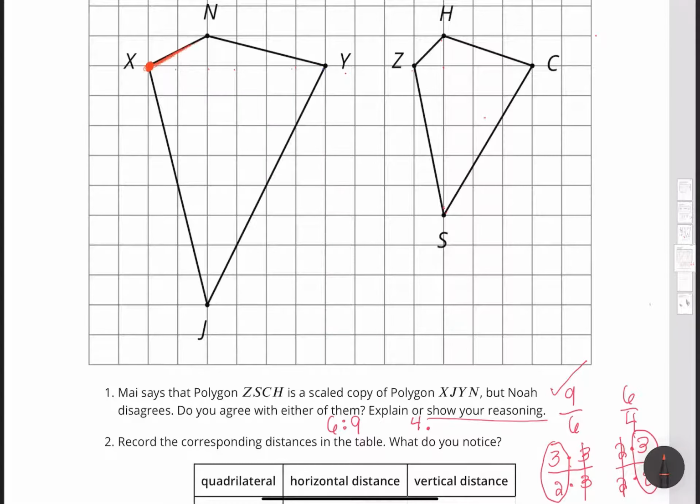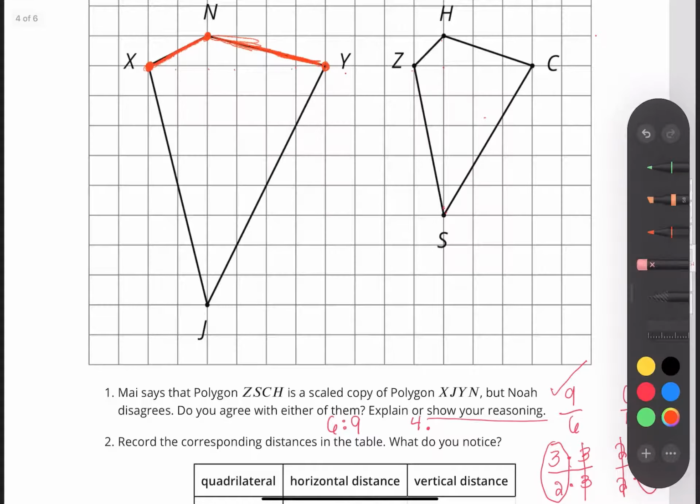I'm going to use angle XNY, and let me erase that line and do it again.